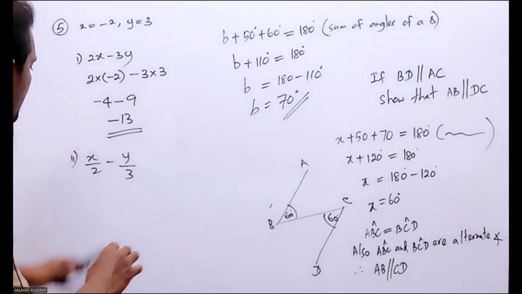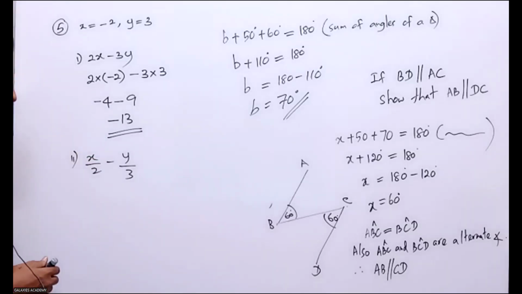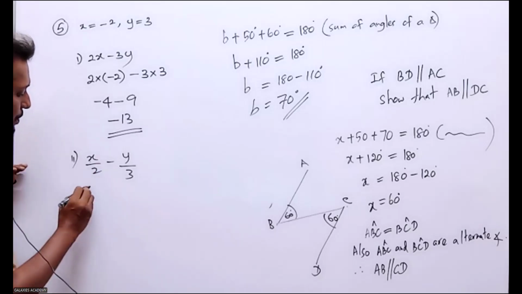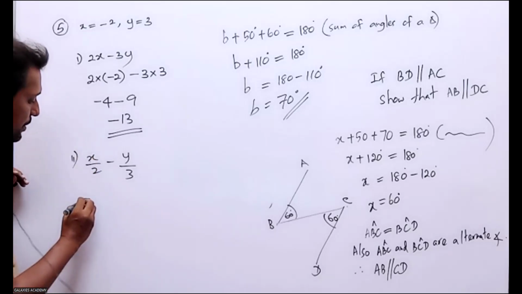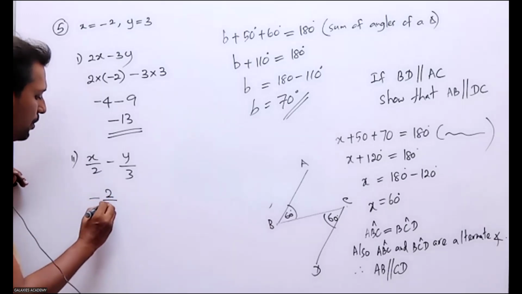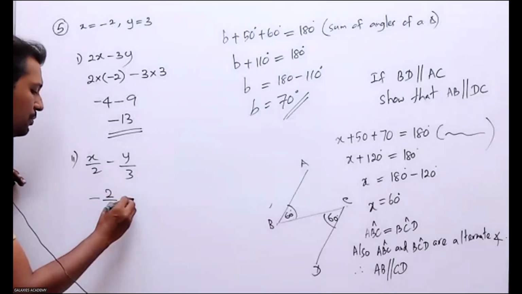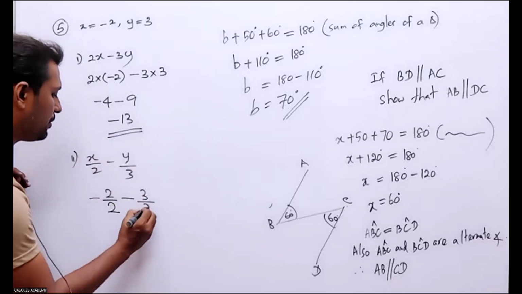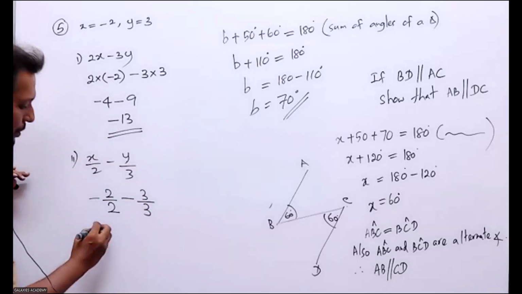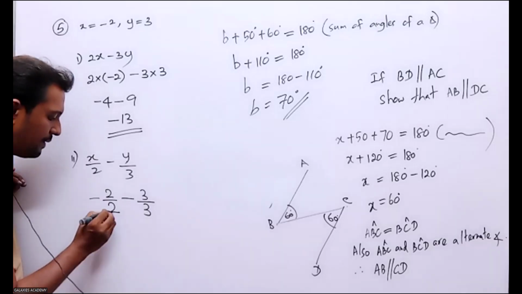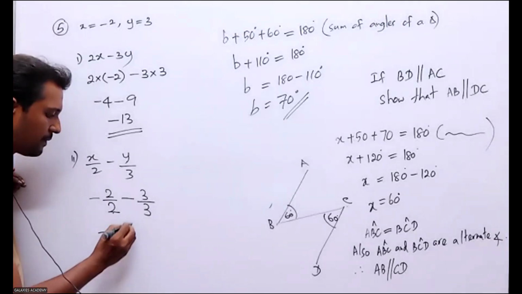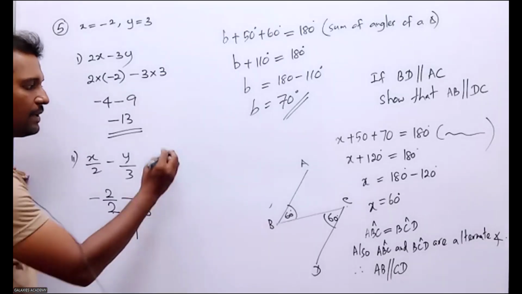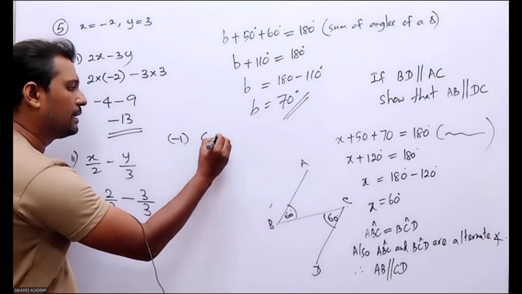The next one, also you have to substitute x and y. This one should be x is -2, no? -2 over 2 minus y is 3, 3 over 3. You know, 2 divide 2 is 1, 3 divide 3 is 1. -1, -1 means what? -1, -1 addition.